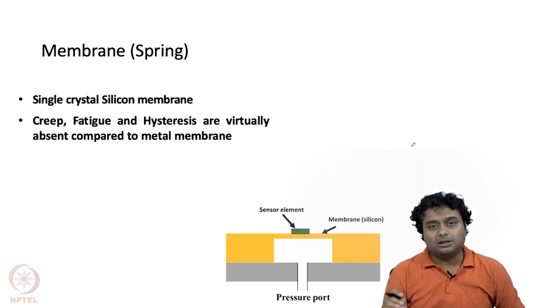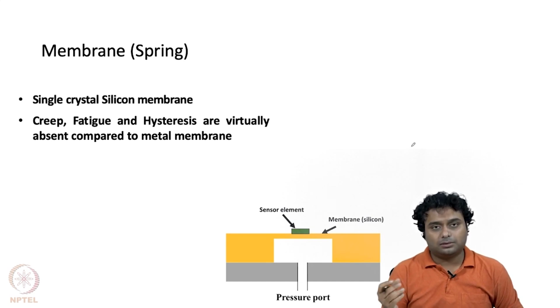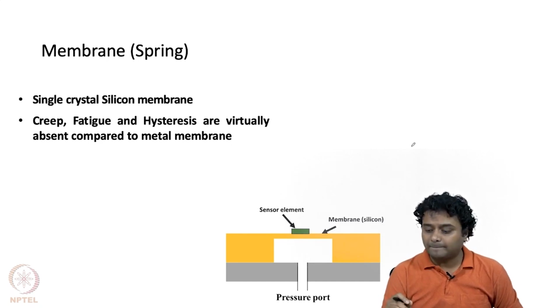So let us say we apply some pressure, and after we remove that pressure, the membrane comes back to its original position without any creep or fatigue. And for silicon, the Young's modulus and its deflection properties are very well known and standard. So it is usually silicon or SiO2 membranes that are used for this kind of pressure sensor.